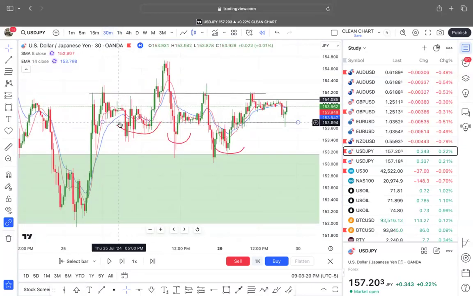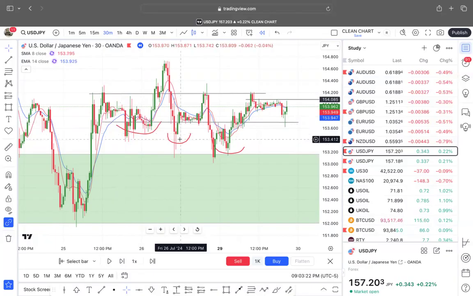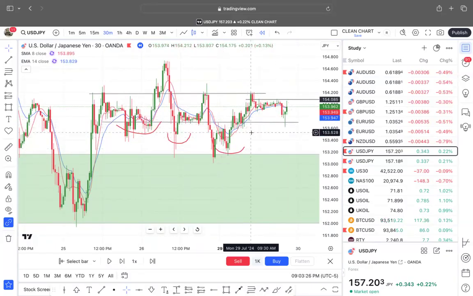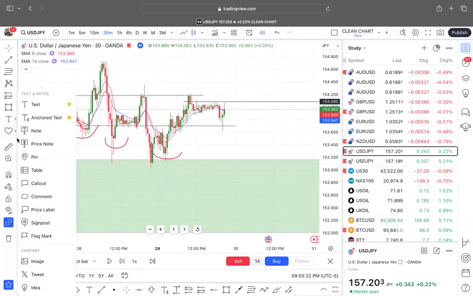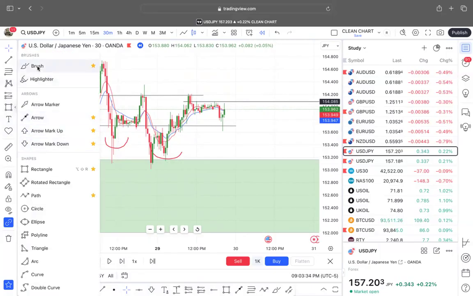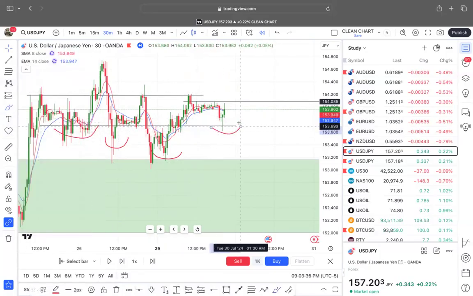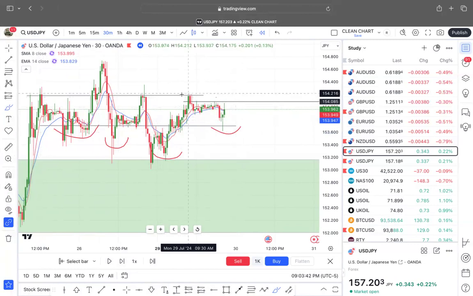This is a clear sign of respect of support. So once it's respected support and created this higher low here, we should have got out. I mean, it 100% retraces in the first. Couldn't even stay in that one for long. Crazy. Let's see it do its thing.